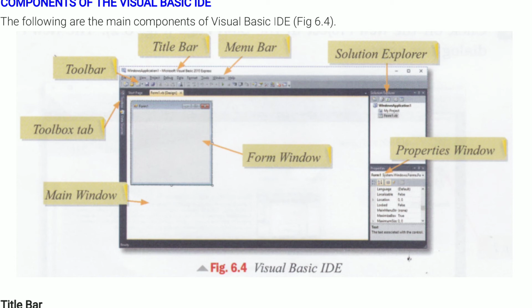The Solution Explorer window has the view code and the view designer buttons on the top to change to the code or designer view respectively. We can switch between these two views to develop applications in Visual Basic.